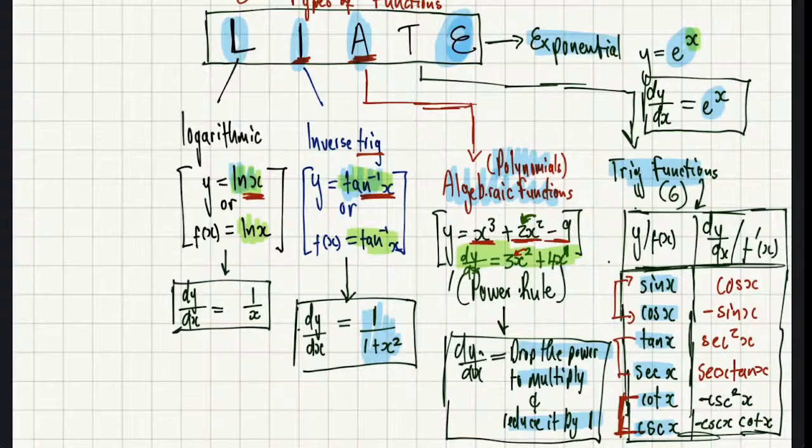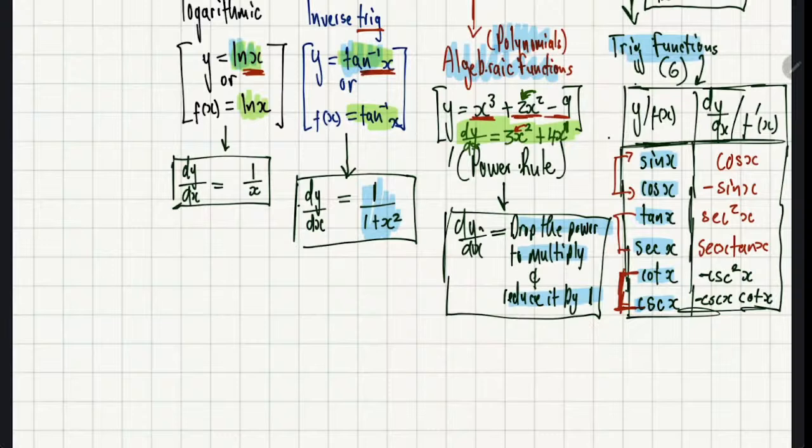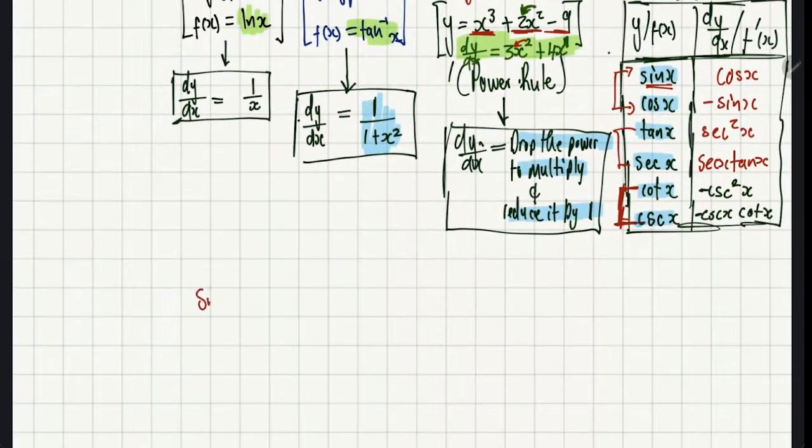I told you that Cambridge will never be this nice to give you sine of x. That's very rare. Instead, they'll give you a sine of maybe x squared plus 5x or whatever. This is more like the one you will get.